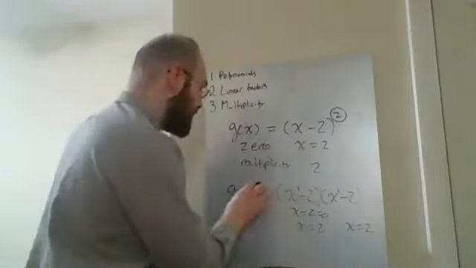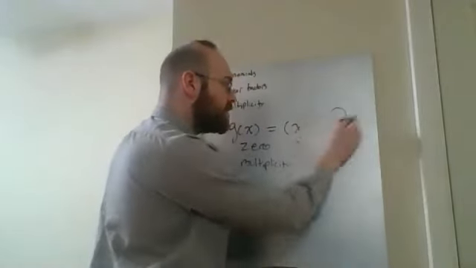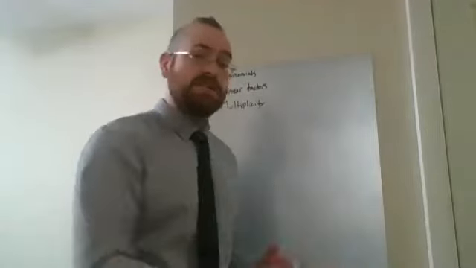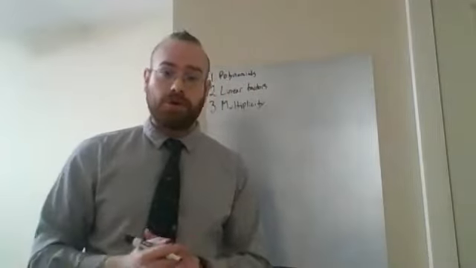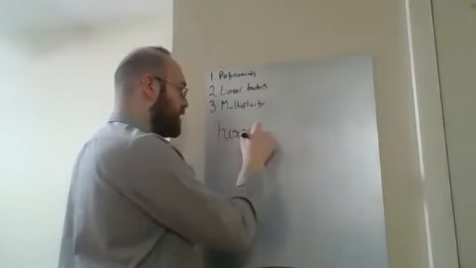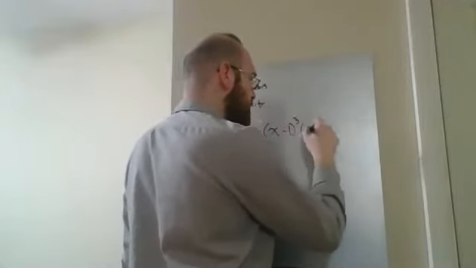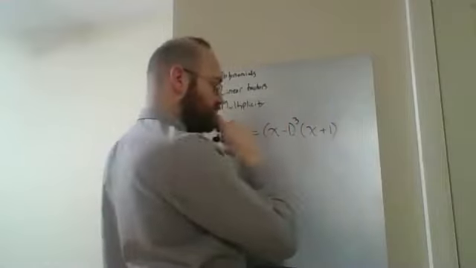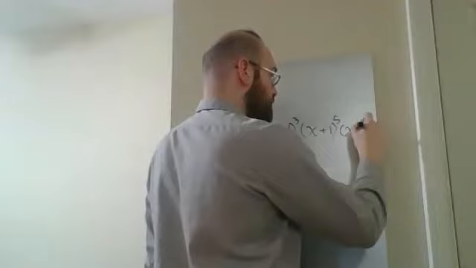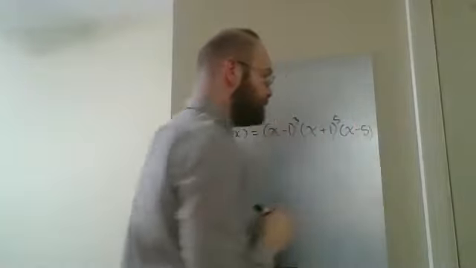Now notice I've been saying the multiplicity of the 0. So multiplicity doesn't belong to a polynomial, it doesn't belong to a function, it belongs to each factor in the corresponding 0. So let's make up a function. We'll call this h of x. Let's say it's x minus 1 cubed times x plus 1 to the 5th power, and then x minus, I'll already use minus 2. So let's do minus 5.